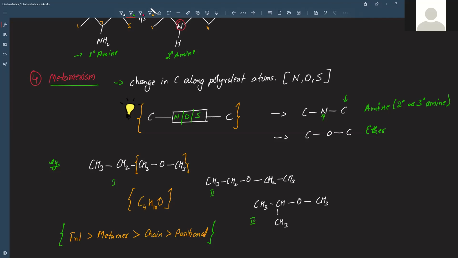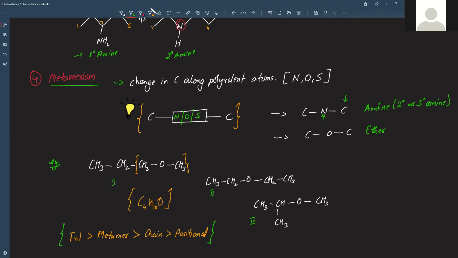There will be only one relation between two compounds, right? It cannot be that one compound is both a functional as well as a chain isomer, or a homologue as well as one of the isomers. Yes, what is the doubt? There's one more thing, tautomerism. We'll come to that. That is actually a different topic.